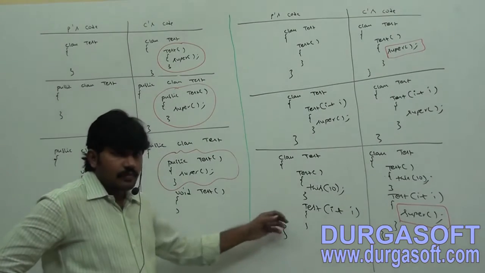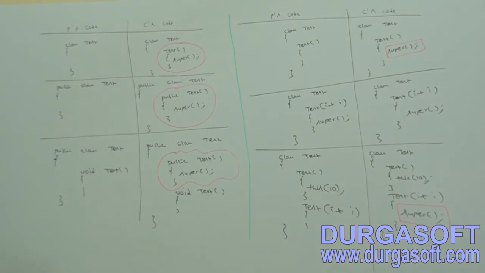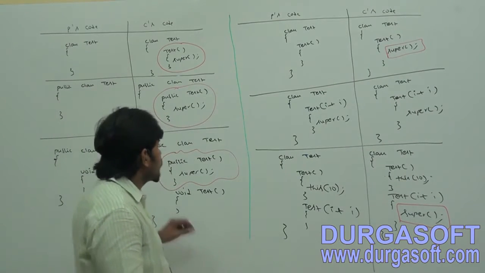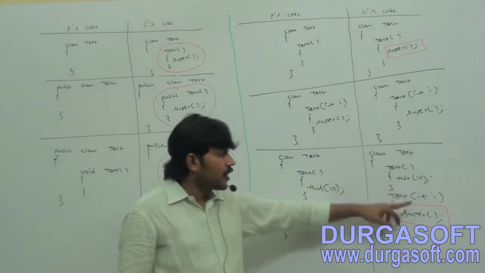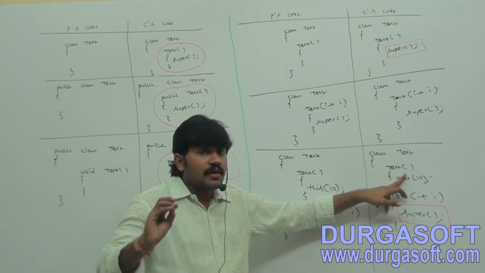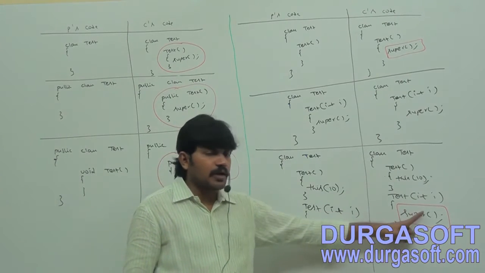Completed, I hope. Next, just observe this theory we covered already. The first line inside every constructor should be what? Super or this. If we are not writing anything, the compiler will always place what? Super bracket open bracket close.